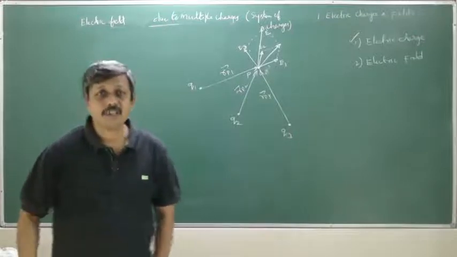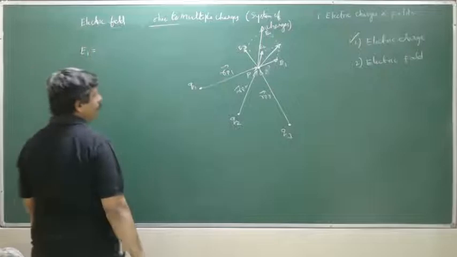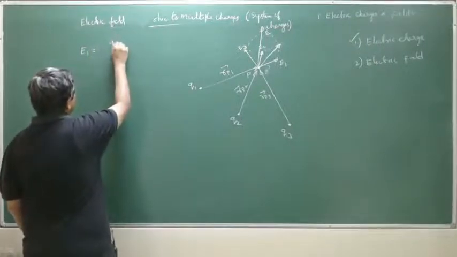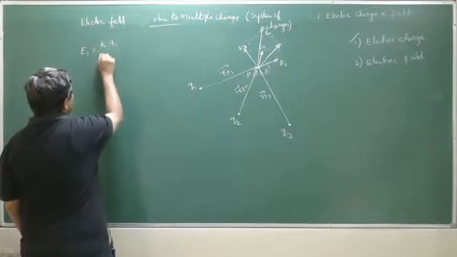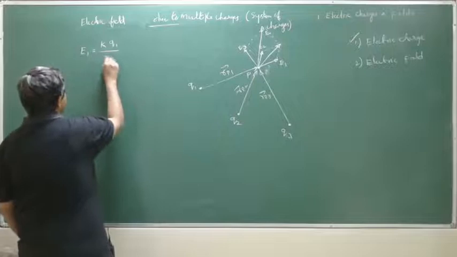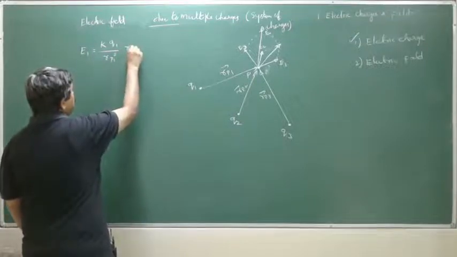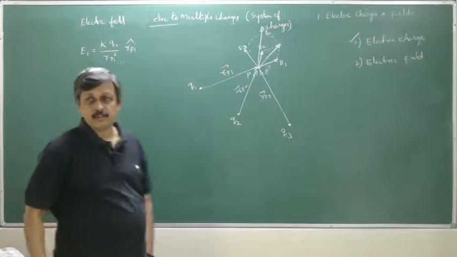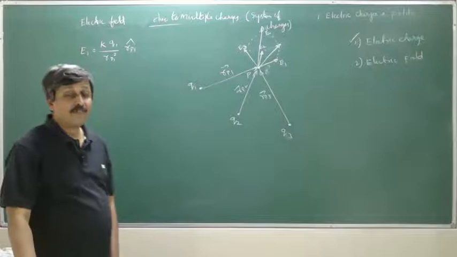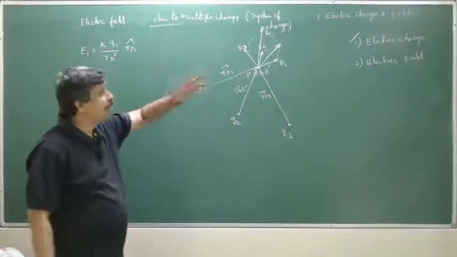So what is E1? E1 is equal to KQ1 divided by RP1 squared, into RP1 cap. If it was a force, I would have multiplied with the charge which was here, but there is no charge here now.